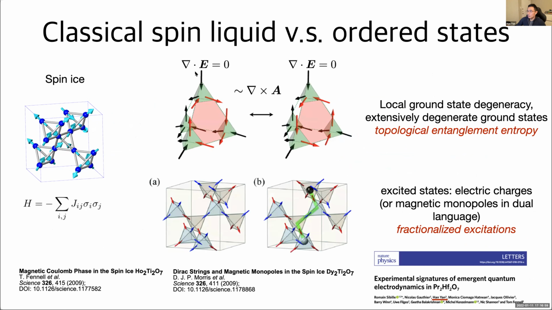And the low energy effective theory is really just described by electrostatics. And of course, if you break the ice rule, then you have, in this case, electric charges, but in spin ice language, they're magnetic monopoles. And in the quantum limit, they become these fractionalized excitations.